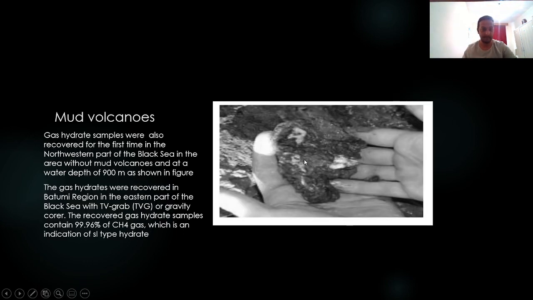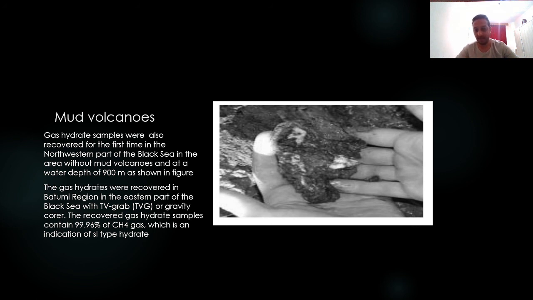And the second piece of evidence of gas hydrate in the Black Sea is the mud volcanoes. Gas hydrate samples were also recovered for the first time in the northwestern part of the Black Sea, near the Ukraine area, with mud volcanoes at a water depth of 900 meters, as shown in the figures.